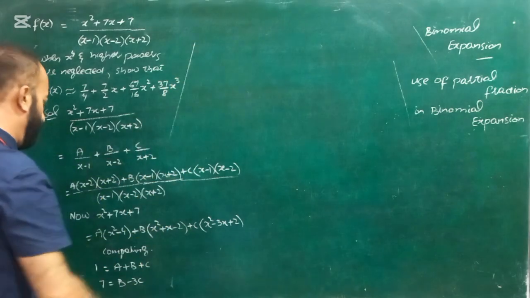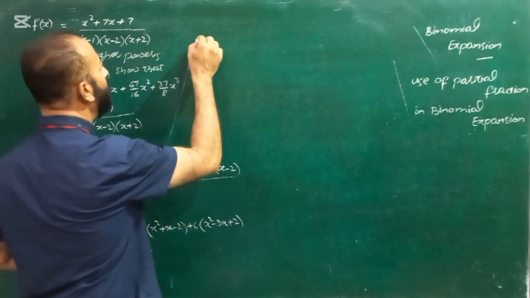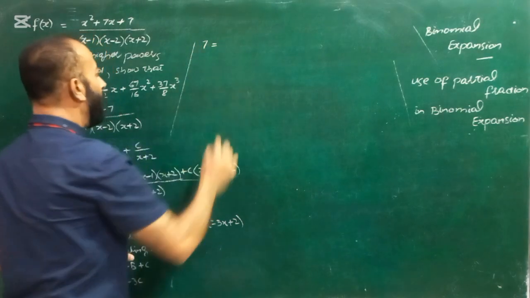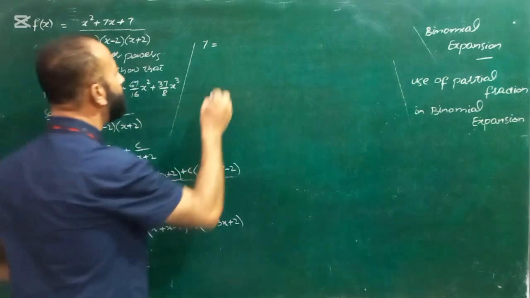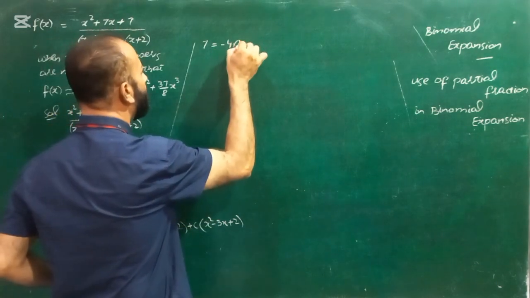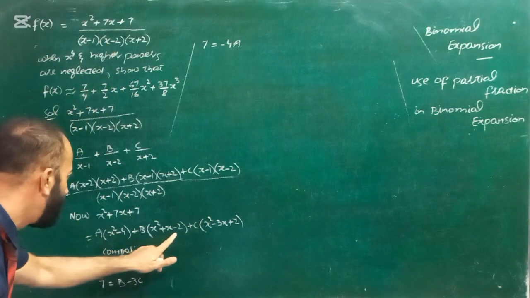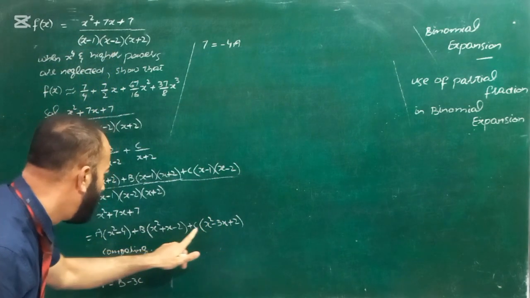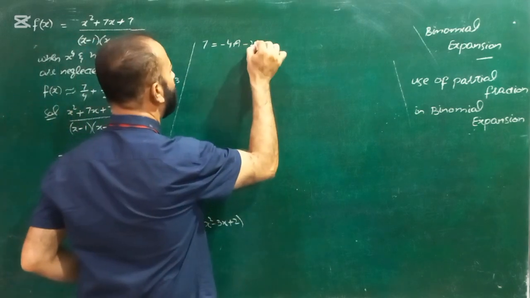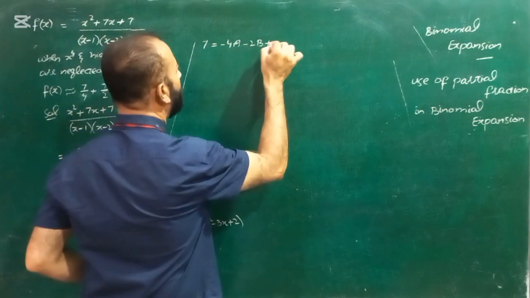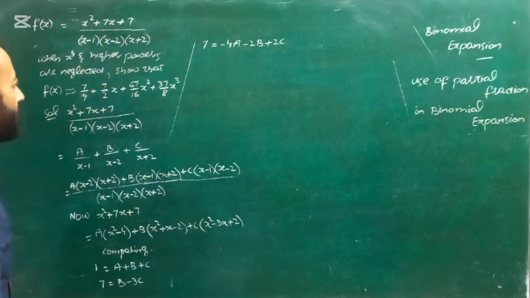Okay, and then the constant on the left hand side is 7, and on the right hand side minus 4a minus 2b plus 2c. So these are the equations.